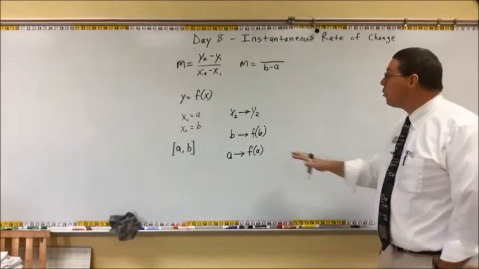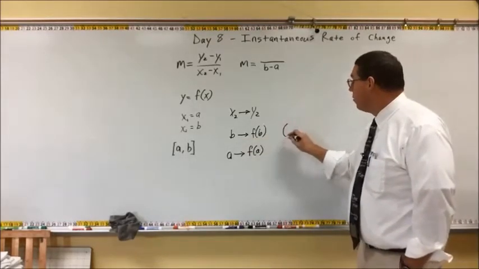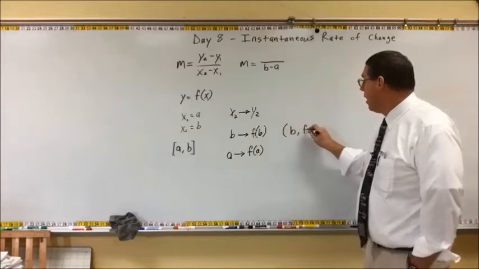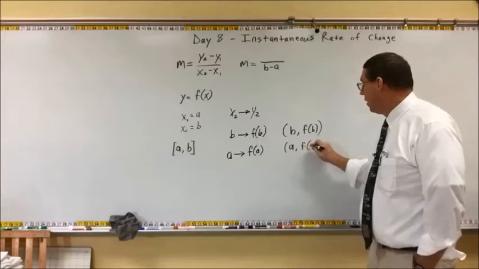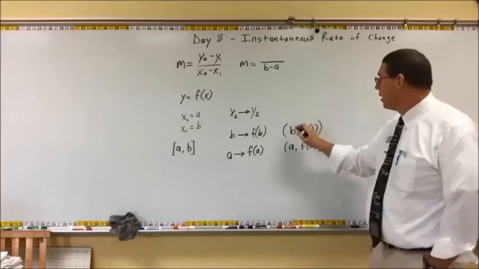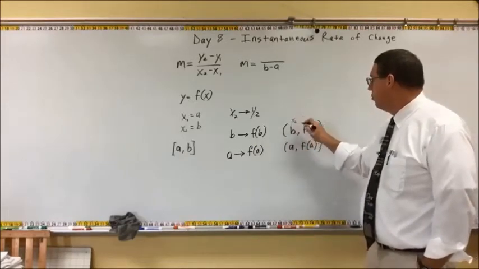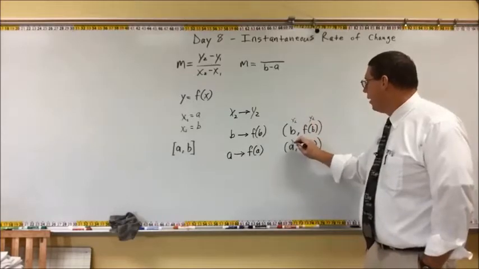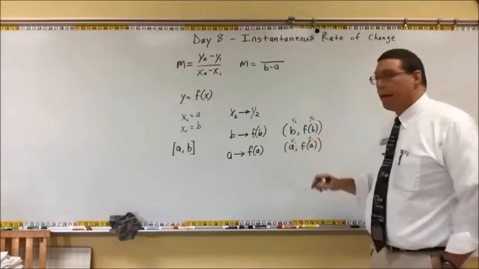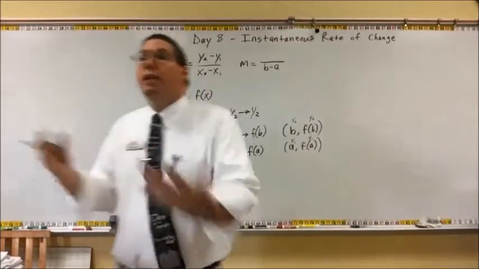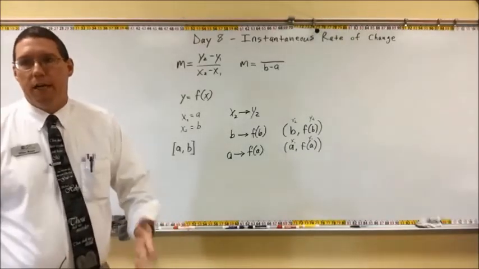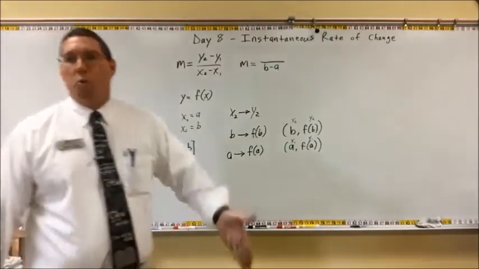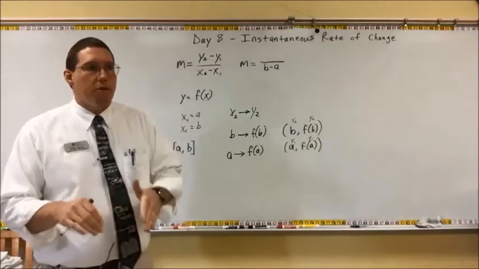All right, and if I were to write these as coordinates, they would be b, comma, f of b, and a, comma, f of a. This is the same thing as x2, y2 and x1, y1. It's just another way to write the same thing, but in function notation instead of x and y notation.